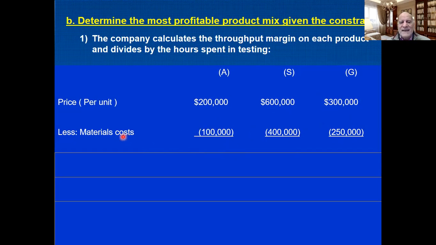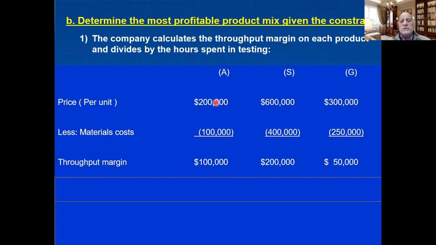Subtracting these super variable costs from the price per unit, we will have the throughput margin. The throughput margin for product A is $100,000 from each unit produced and sold.